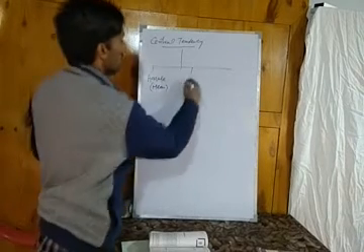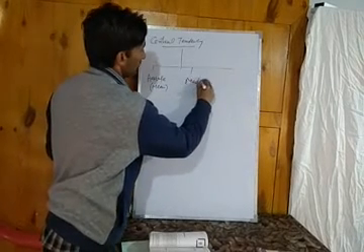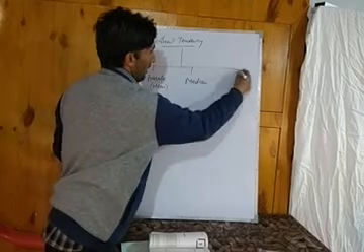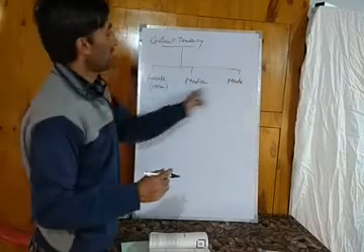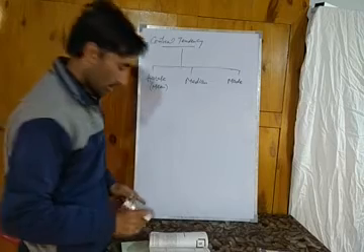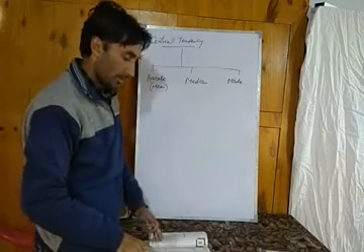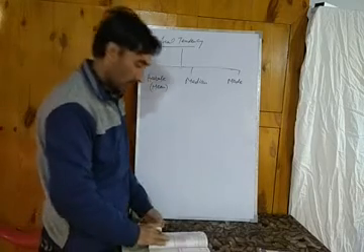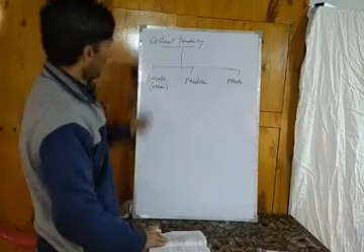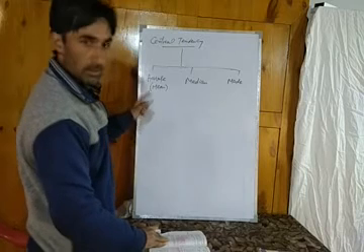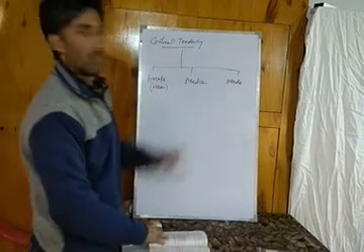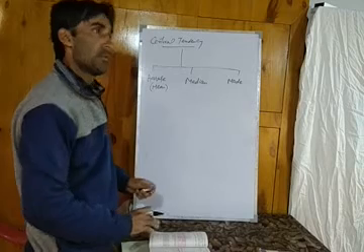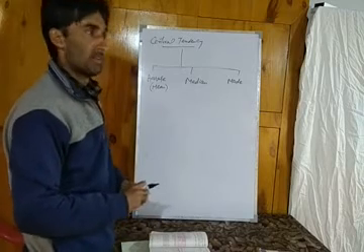Next is median, and the third one is mode. These are the three methods through which we can calculate the central tendency. All three are included in the board syllabus of 11th class.